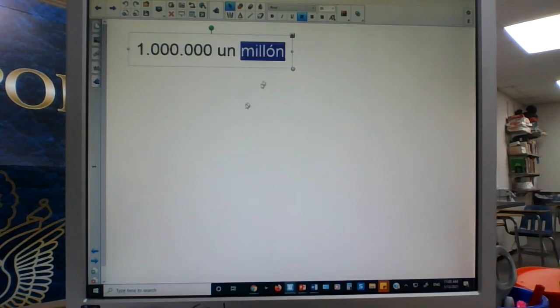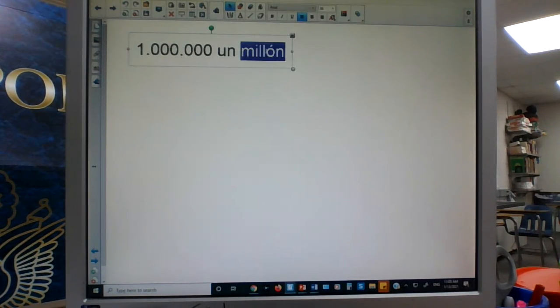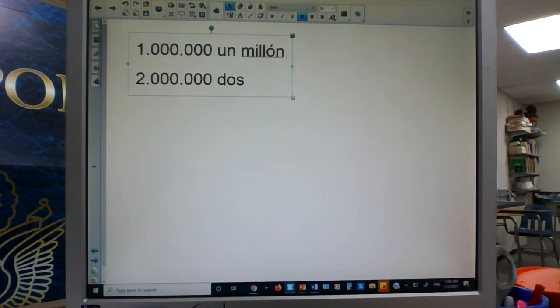And that's all we need to know: millón is million. Okay, so if it's 2 million, you say dos millones. And what did we establish there? Millón ends in a consonant, so you add es.